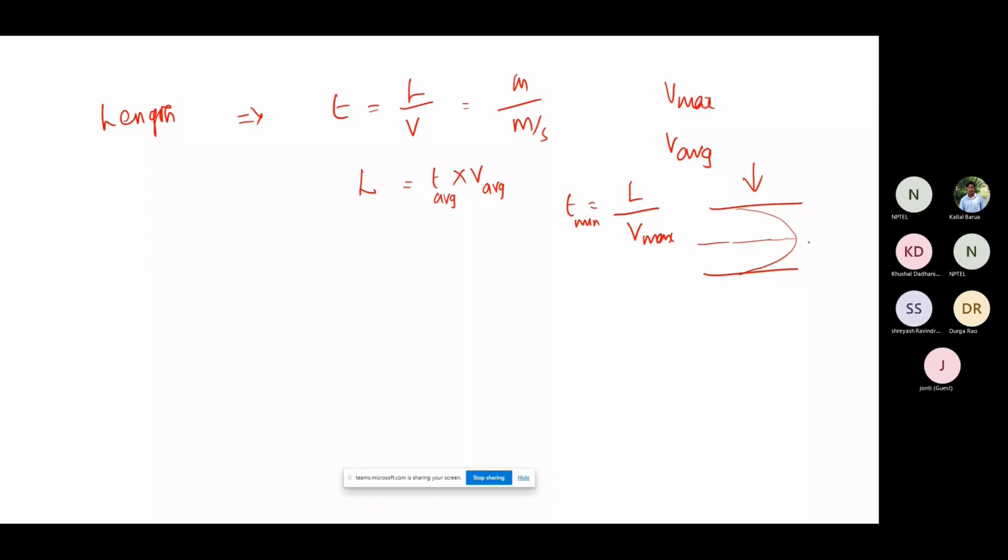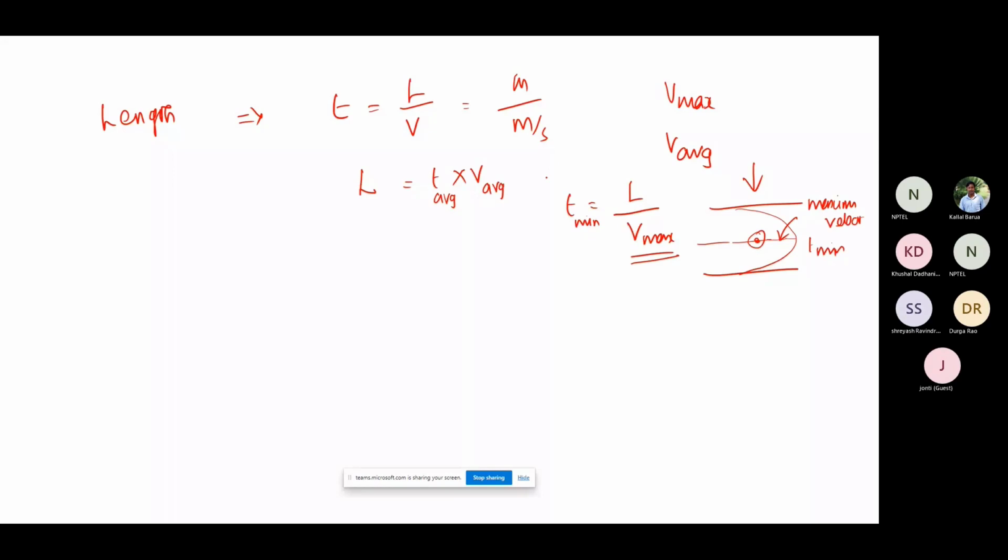So it takes very minimal time, and the center velocity is nothing but the maximum velocity. Also, if you remember, when we discussed sterilization, we said that the center particle is the slowest heating zone. So that particle reaches very fast with the minimum T. So when you use maximum velocity, whatever time you get is a minimum time.